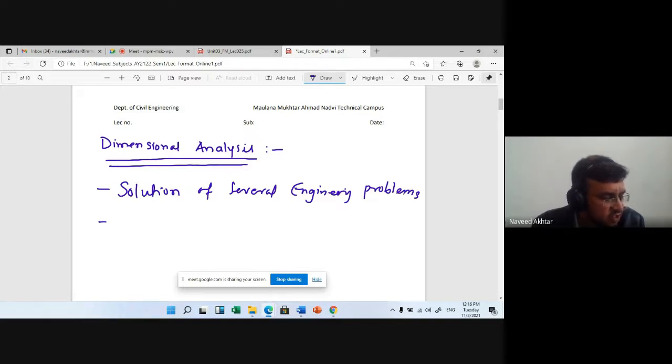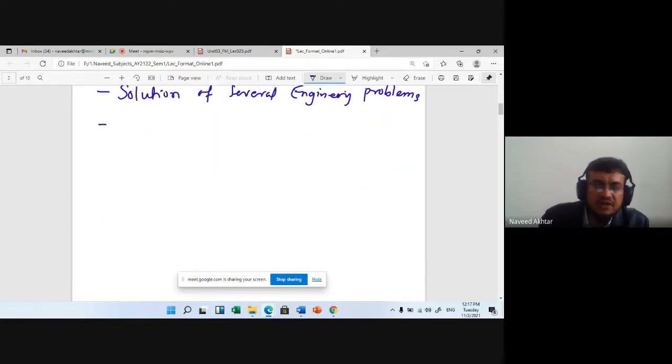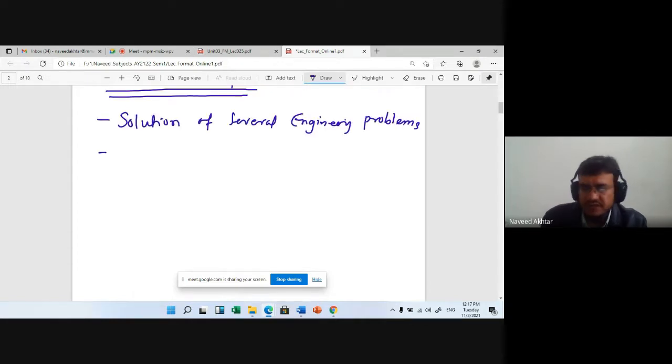Also, that equation is composed of variables or physical quantities which may be dimensional or non-dimensional quantities. Dimensional quantities we can measure, but non-dimensional quantities we can't.